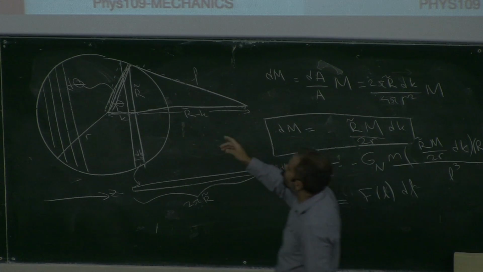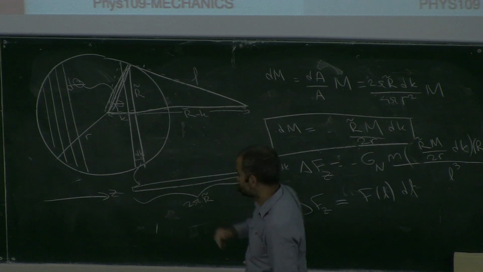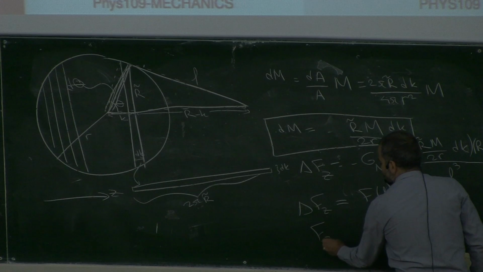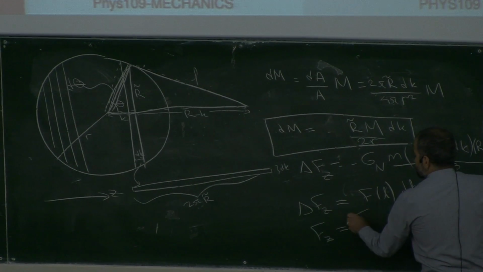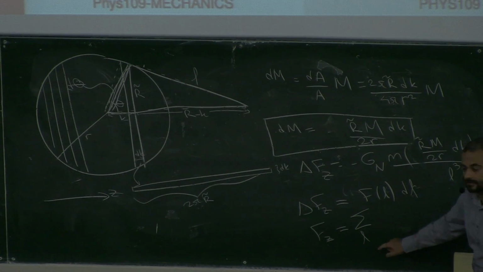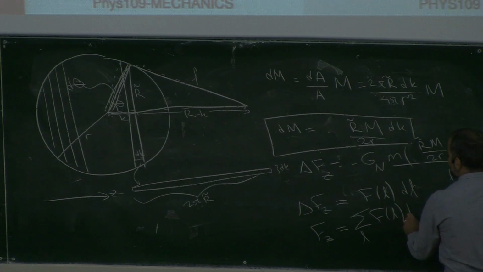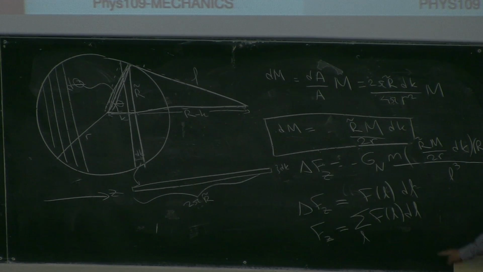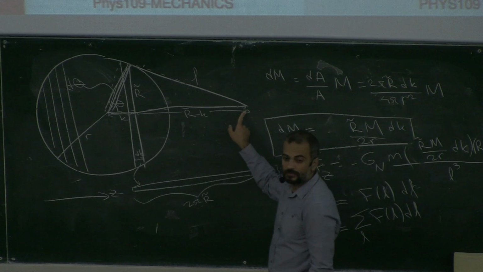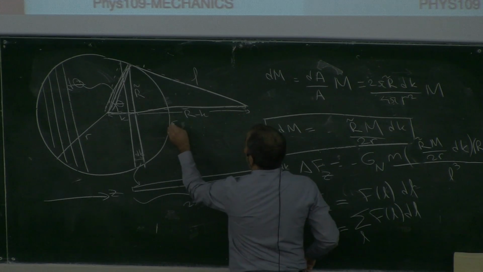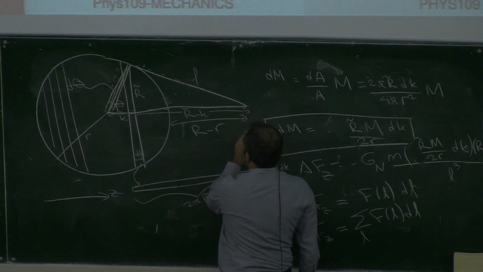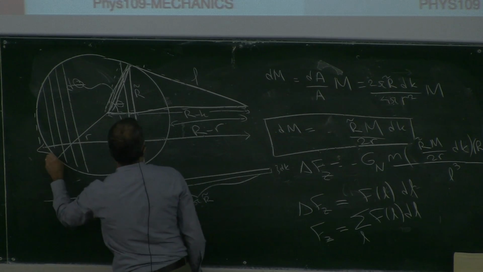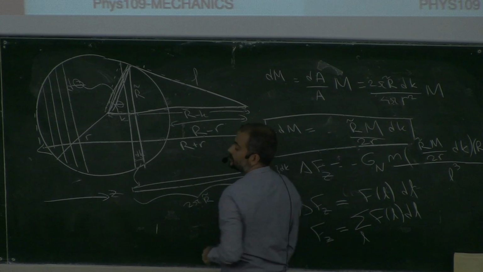Now what I should do is just sum over all these rings. So I should sum over all possible values of L. The total force acting on my mass will be the sum over all possible values of L of this function that I have times dl. Now, what are the possible values of L? If I'm out of the ring, the minimum value that L can have is capital R minus small r, and the maximum value that L can have is capital R plus small r.